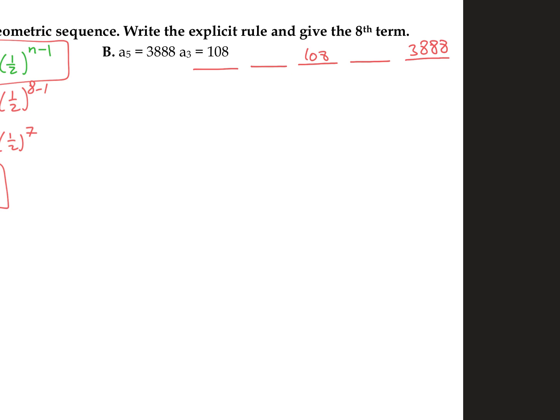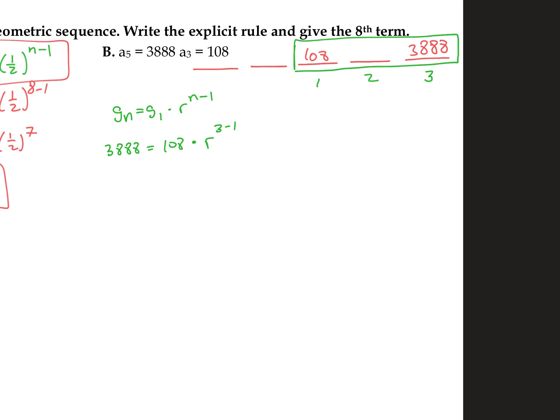A trick is to look at these three as my first three terms, and I can solve this using my formula. G sub n equals G sub 1 times R to the n minus 1. If 3888 is my third term and 108 is my first term, I don't know my R because that's what I want to find, but I know my n is 3.